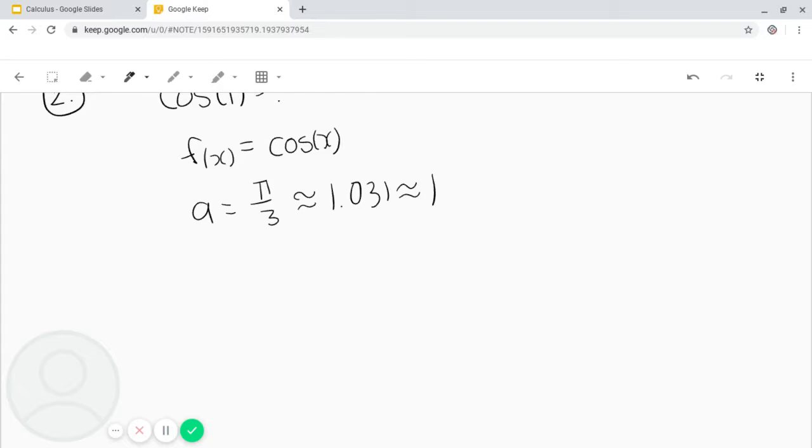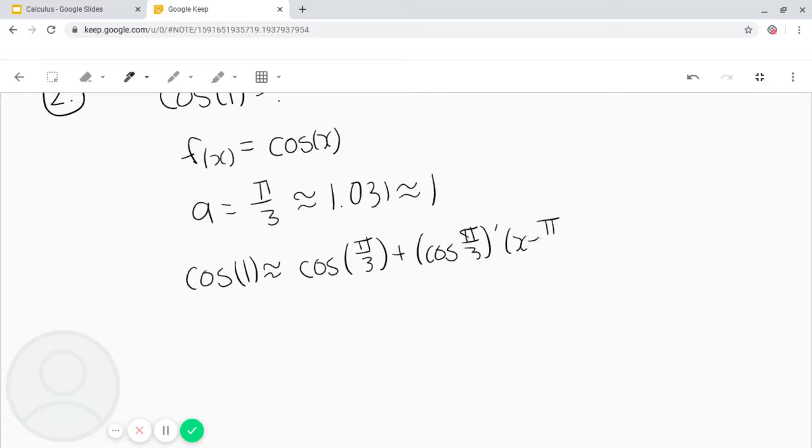So that means that cosine of 1 is approximately equal to cosine of pi over 3 plus the derivative of cosine of pi over 3 times x minus pi over 3.